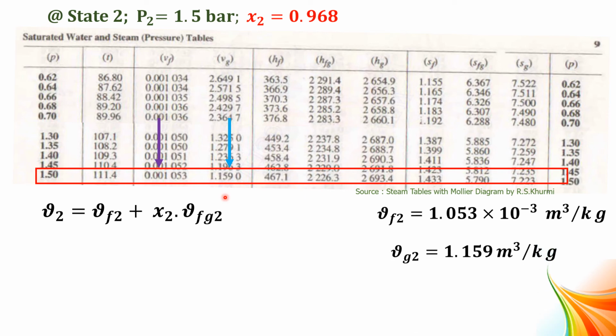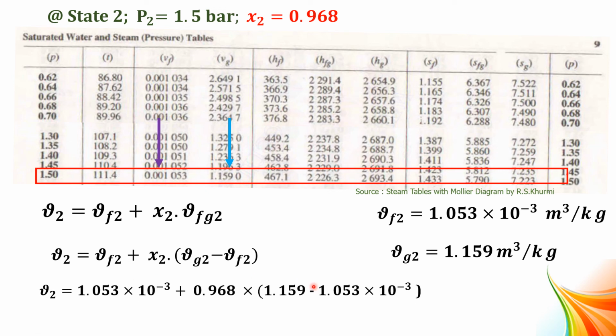Vfg value is not given in the steam table, so we know Vfg equal to Vg minus Vf. Now substituting the values of Vf, Vg and the X value in this equation, we get specific volume V2 equal to 1.1219 meter cube per kilogram.